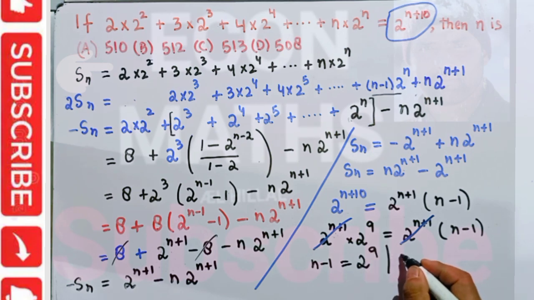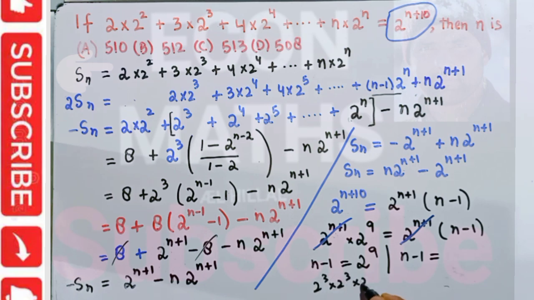Okay, so we have n minus 1 is equal to 2 raised power 9, which can be written in this fashion, 2 cube into 2 cube into 2 cube. Okay, this is 8 into 8 into 8, so 8 8s are 64, 64 into 8 comes out to be 512.